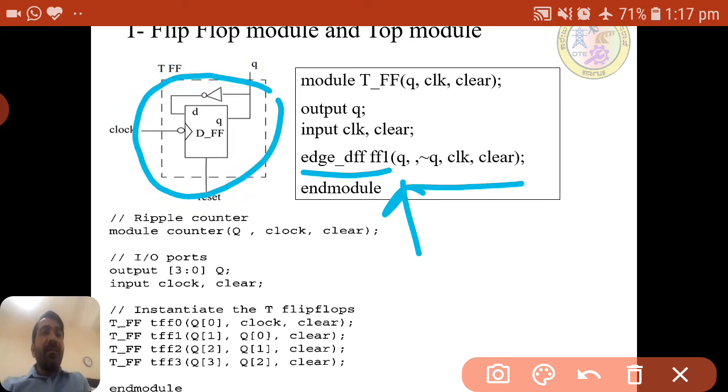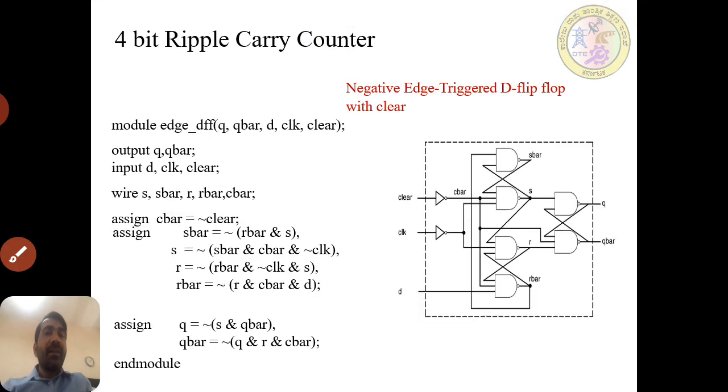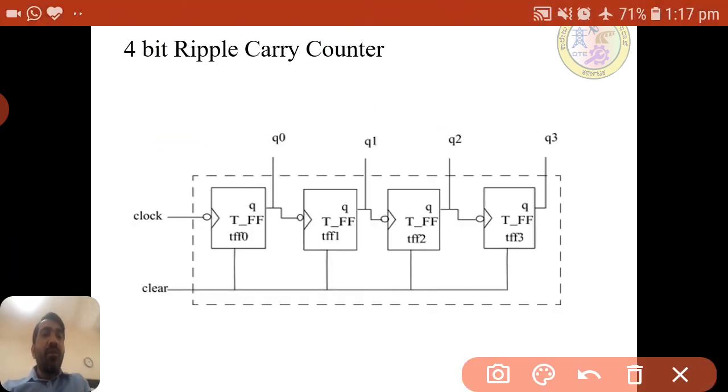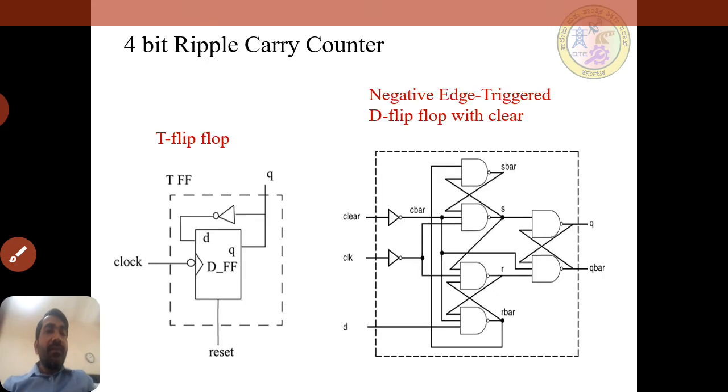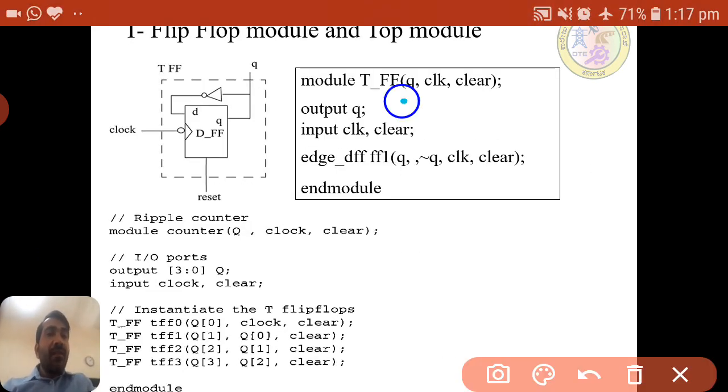Here the top module signals are clock and clear, and Q0.